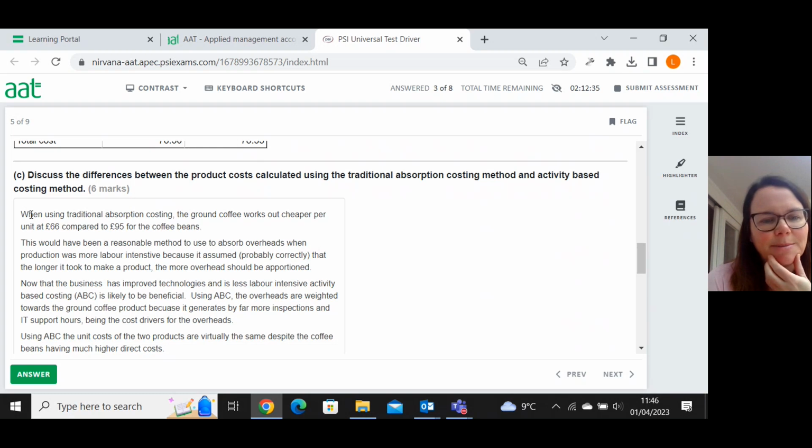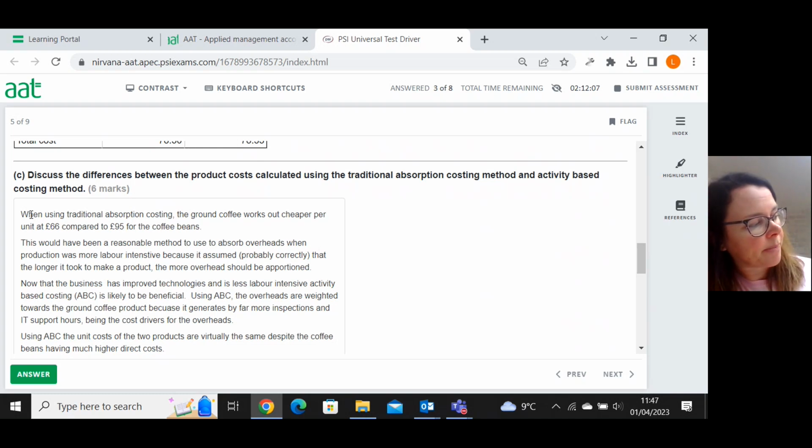So roughly speaking, sort of 3 marks talking about absorption, 3 marks talking about activity-based costing, making sure that you've got a balance. If we look at what the mark scheme says, they give you a kind of grid. You can look this up on the answers on the AAT website. So it gives you indicative content. It gives you ideas about what you can talk about.